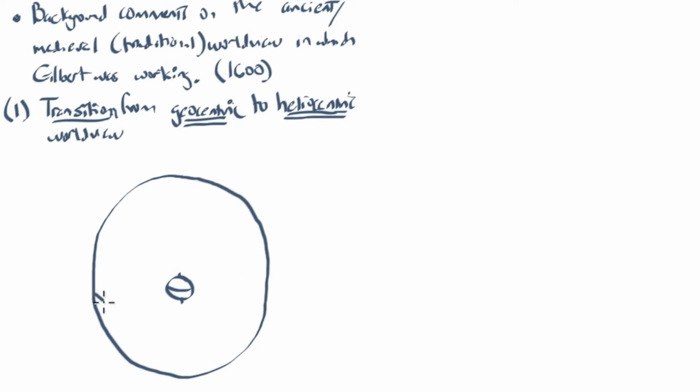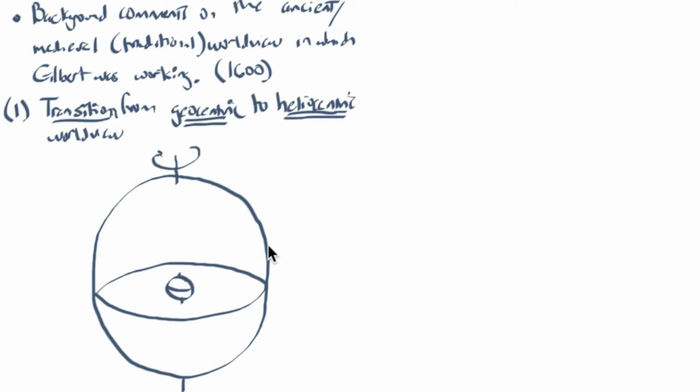This celestial sphere also has an equator, drawn like this, and it has poles that lie directly above and below the Earth's poles. And the idea is that the Earth sits still, and this celestial sphere rotates around the Earth, like this.